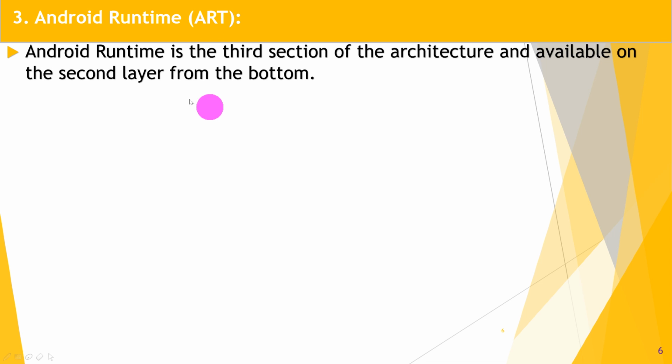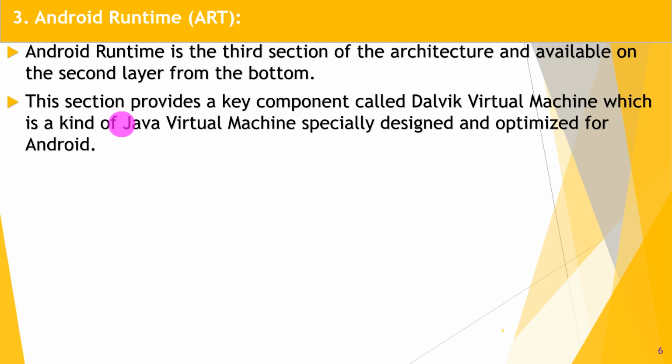The Android runtime is the third section of the architecture and is available on the same layer as the native libraries. At that layer itself there is the Android runtime. This section provides a key component called the Dalvik virtual machine.